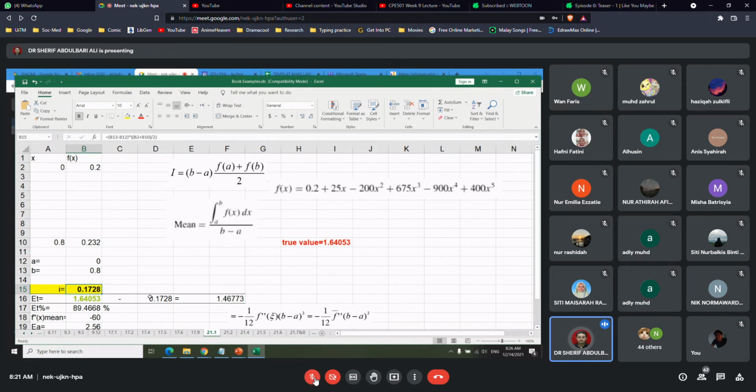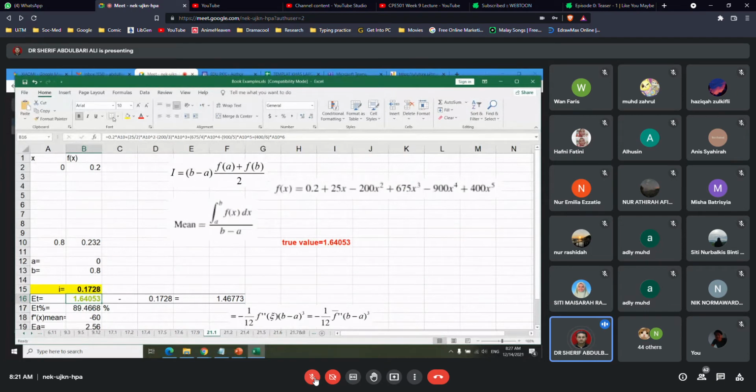If I have the true value, I can calculate the error. If I don't have it, I need to calculate the approximate error. So now let's say that I have the true value, which is 1.64 here. The error is going to be equal to the true value minus the result. So it's 1.64 minus 0.17.